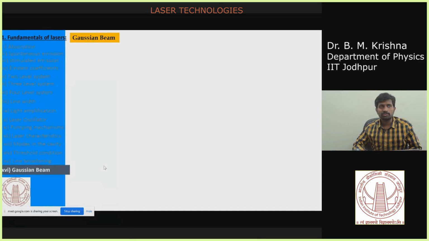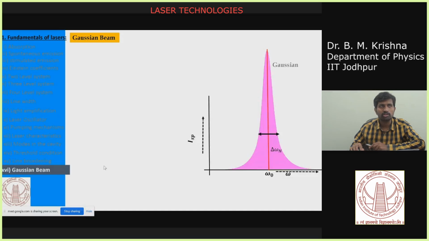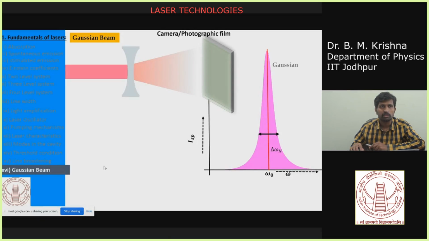As we discussed several times, even when we discussed laser characteristics and the divergence of Gaussian beams, the Gaussian beam has a transverse amplitude. You have an electric field in the beam.